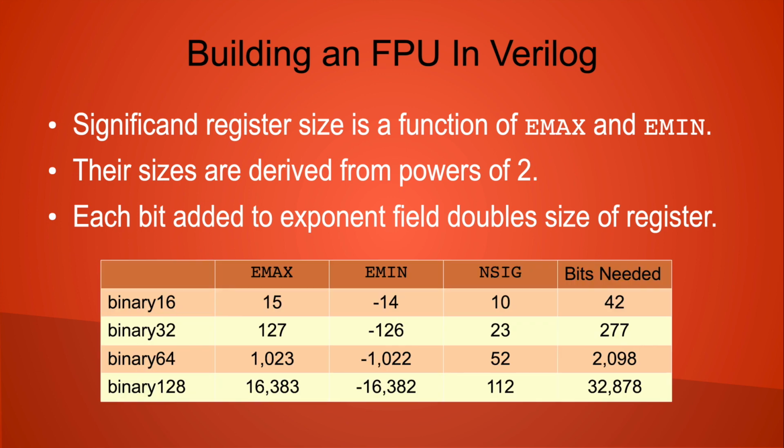As the table shows, if we require that the intermediate sum of the significands be exact, the size of the significand registers is 277 bits for the binary 32 format, 2098 bits for the binary 64 format, and 32,878 bits for the binary 128-bit format.